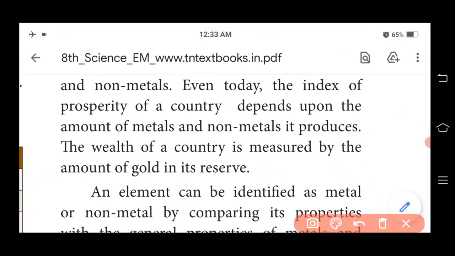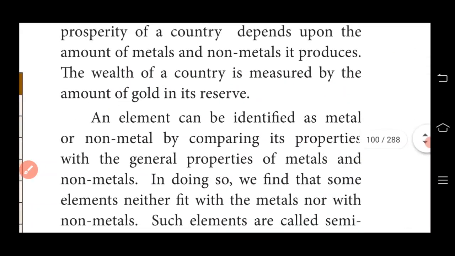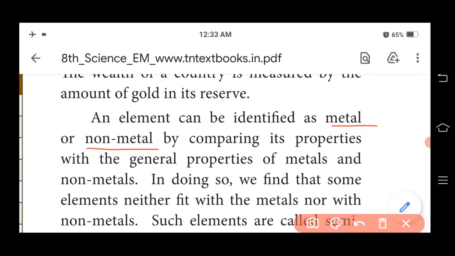The wealth of a country is measured, very important, by the amount of gold in its reserve. An element can be identified as a metal or non-metal by comparing its properties with the general properties of metals and non-metals.